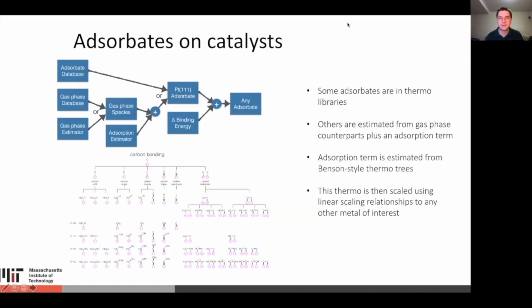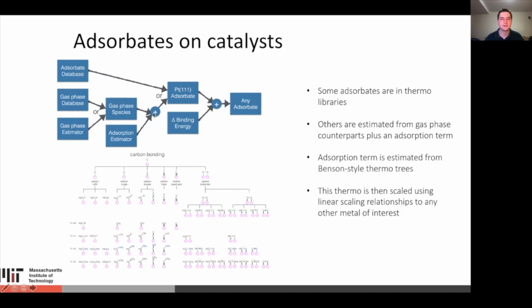So now we'll take a little bit of an aside and talk about adsorbates on catalysts, which is similar but slightly different. Broadly, it looks a lot like a normal thermo calculation. And indeed, in a lot of cases, it will start by pulling information from the gas phase database or from estimating the species from thermochemistry to get the energetics for the gas phase species. And then it will add an adsorption correction based on an adsorption tree, much similar to the thermotree I just showed you.